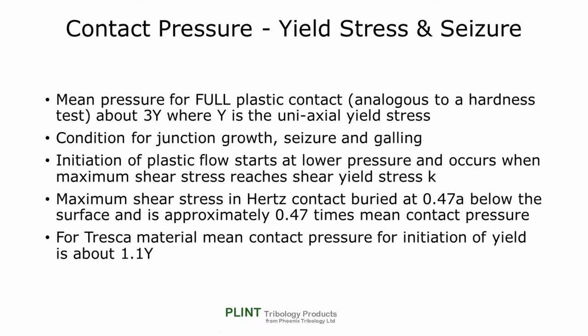This all means that for a Tresca material, the mean contact pressure for initiation of yield is about 1.1Y. But note that the surface material is still elastic. There is a minuscule plastic enclave under the surface.